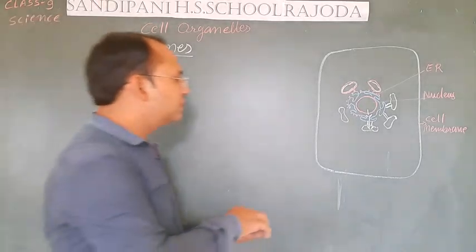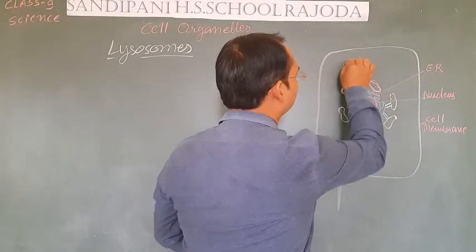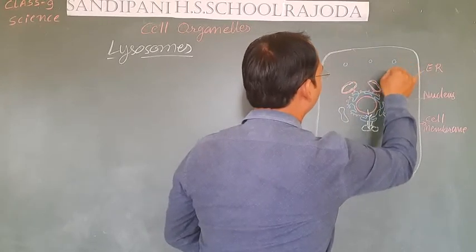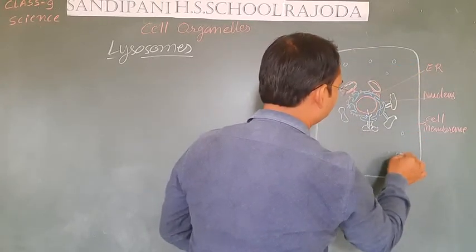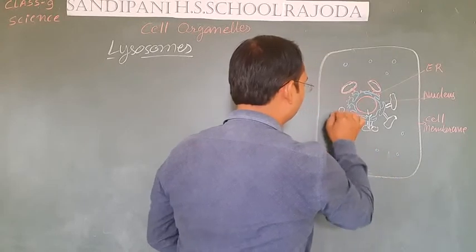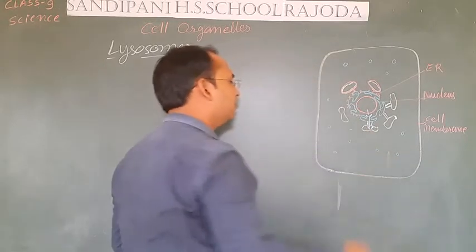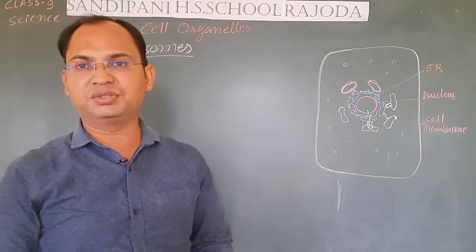Lysosomes, students, we can say, are very small or minute structural units of the cell which are scattered here and there in the cytoplasm.